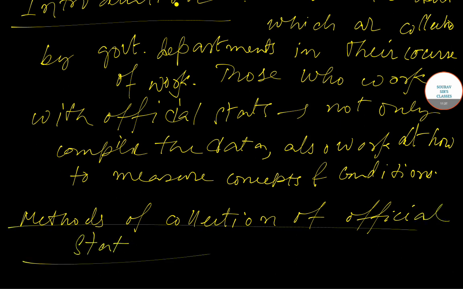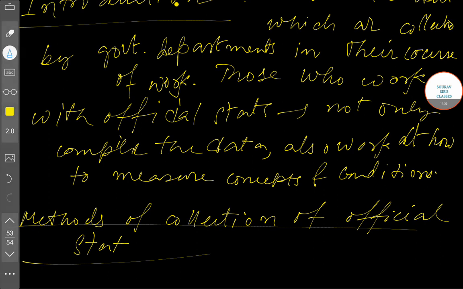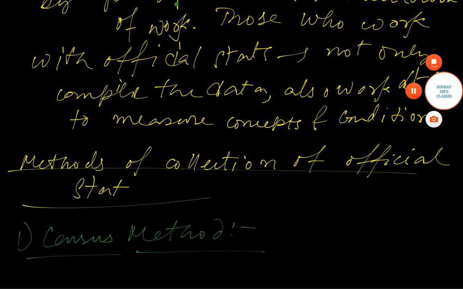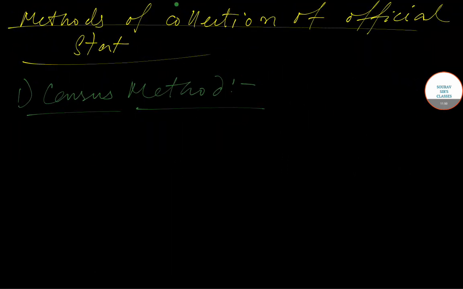First, there will be census method. Number 1, census method. What is census method? When the investigator collects data himself, then the data is called primary data. The census data are said to be primary data.